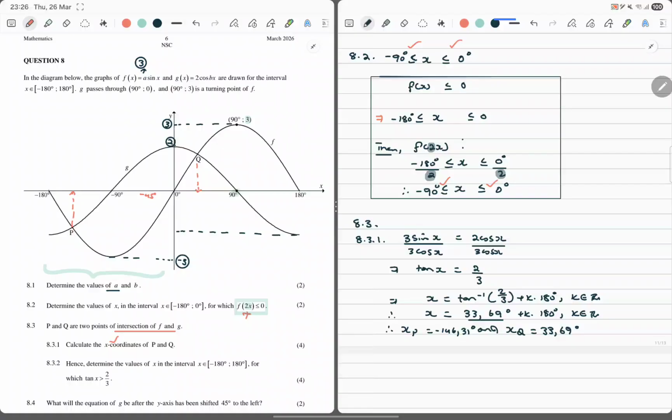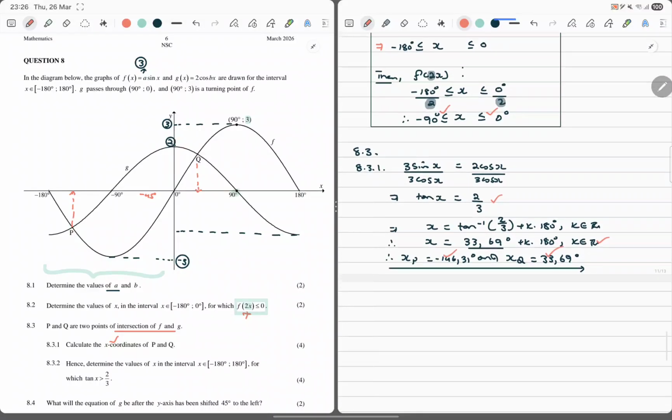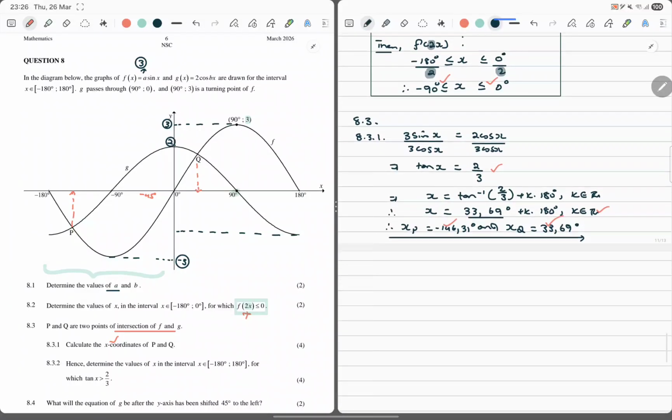Okay, that makes sense. So that's it. We are done. Nothing difficult. Just knowing general solutions is the way to go. So getting 4 marks, we get a mark for this, this, and for the 2 answers. Perfecto.